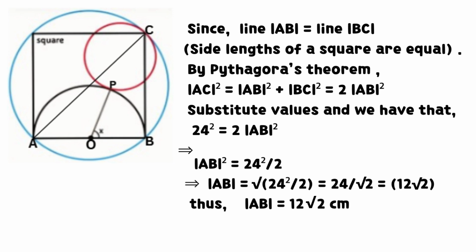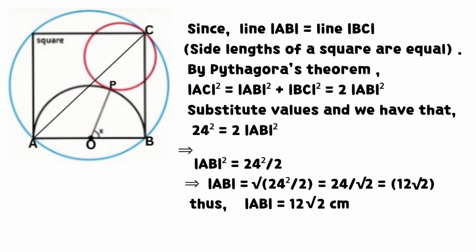It follows that line AB equals the square root of half the square of 24, which equals 12 times the square root of 2, after rationalization of the denominator. Hence, line AB equals 12 times the square root of 2.